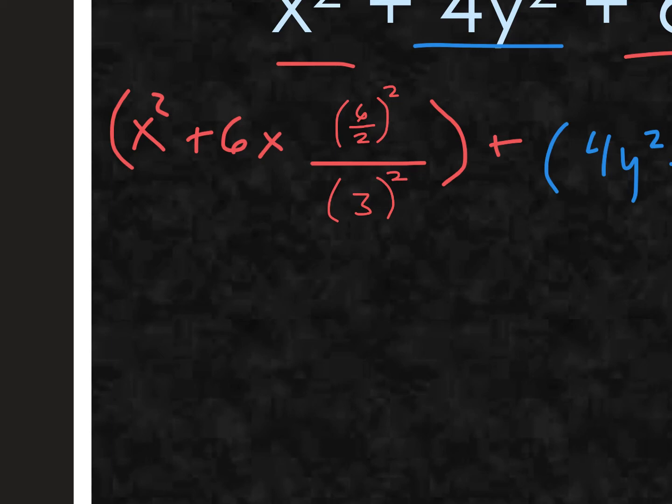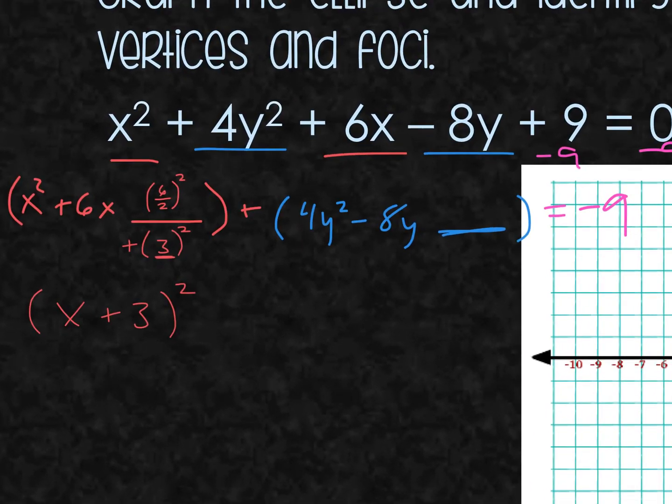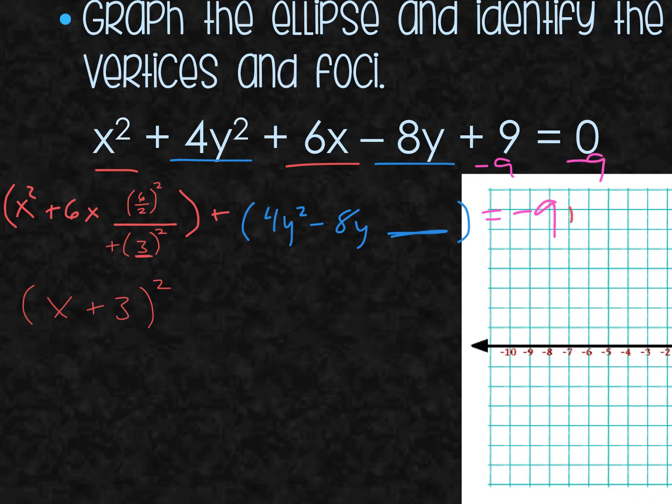So in here I'm putting a 9. But the only thing that goes into my parentheses down here is that 3 that's on the inside. So I have (x + 3) squared. But I'm adding a 3 squared into my equation, so I have to add it on the right side too. What's 3 squared? 9. So I'm adding 9 over here as well.